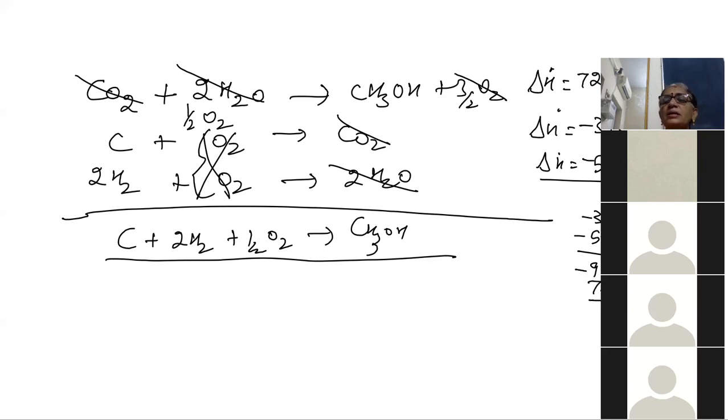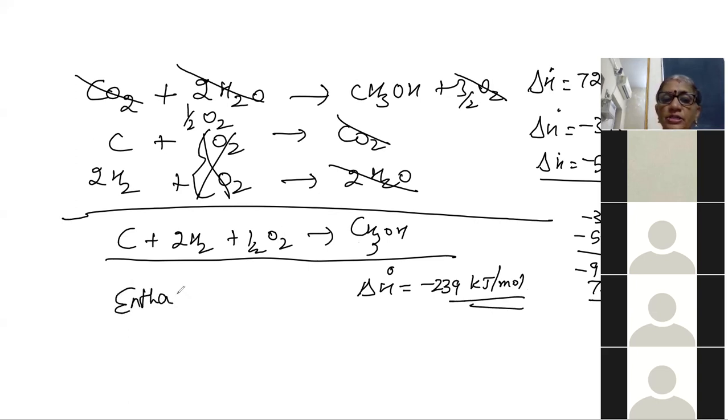What is the result? Tell me. Yes, fast. Minus 239. Minus 239 kilojoules per mole. What is the meaning of this?